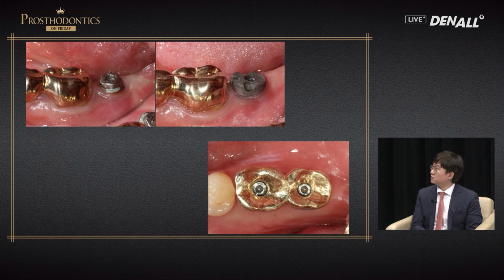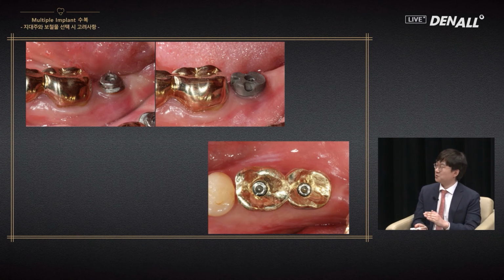If you look at it here, actually this is not my case, and I ask for your understanding for using someone else's case here. In this case, number 7, the opposing tooth is coming down and the space is short, and the stock abutment would not be appropriate.